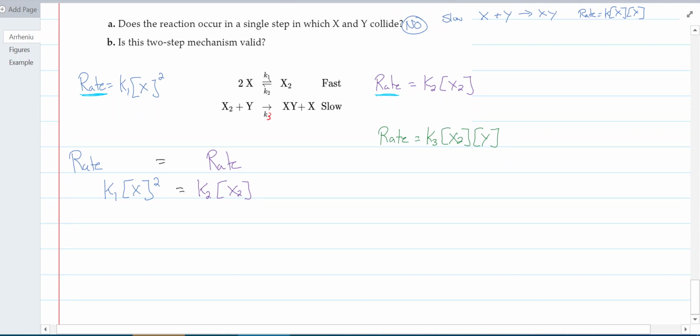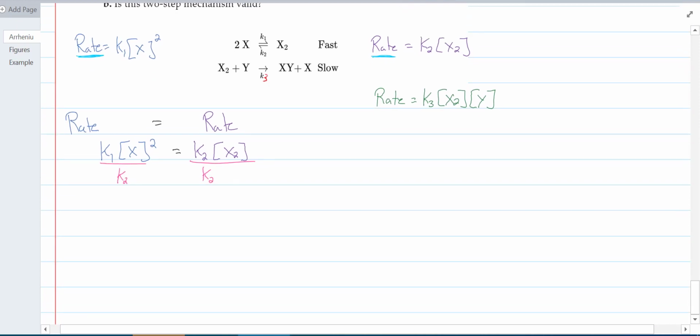So we divide both sides by K2. So that means in purple here I have the concentration of X2 equal to K1 times concentration of X squared all over K2.